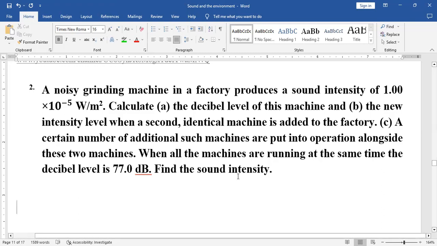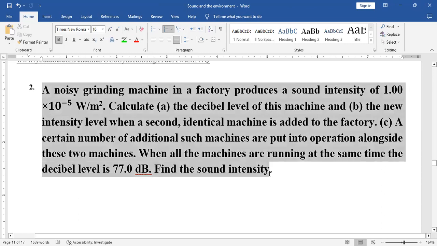So if other machines are being added such that it produces the sound level at the rate of 77 decibel, find the sound intensity. We are going to take it one after the other. Let me copy this and then take it to the board.